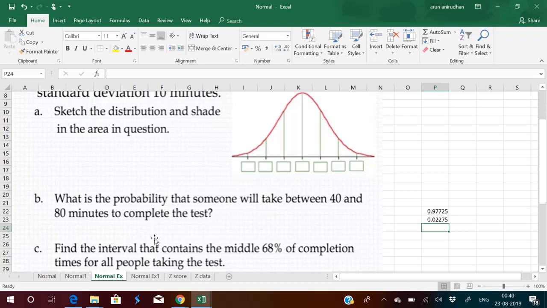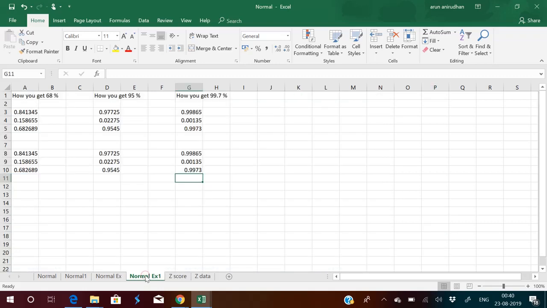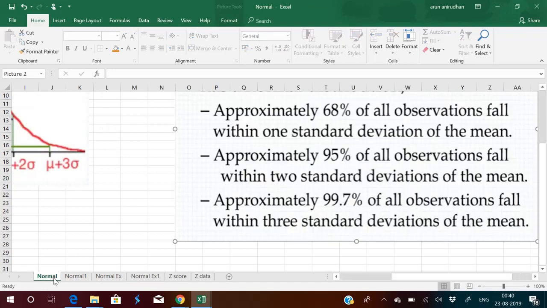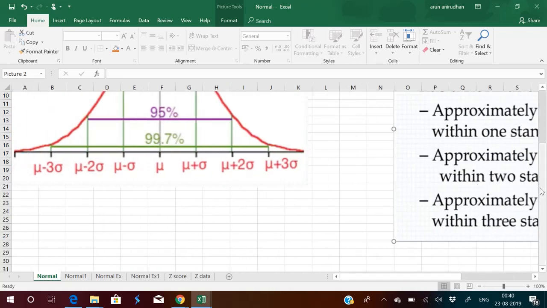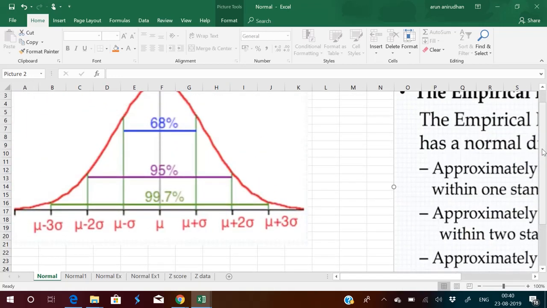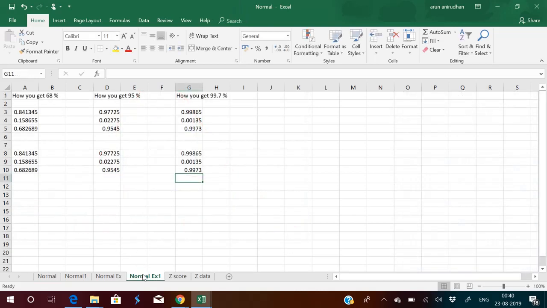Okay. So now some people are asking me, how you got 68%? That means how we got this 68% value. So we are going to use two formulas. First formula is what I told you, Norm.Dist. So what is 68%?